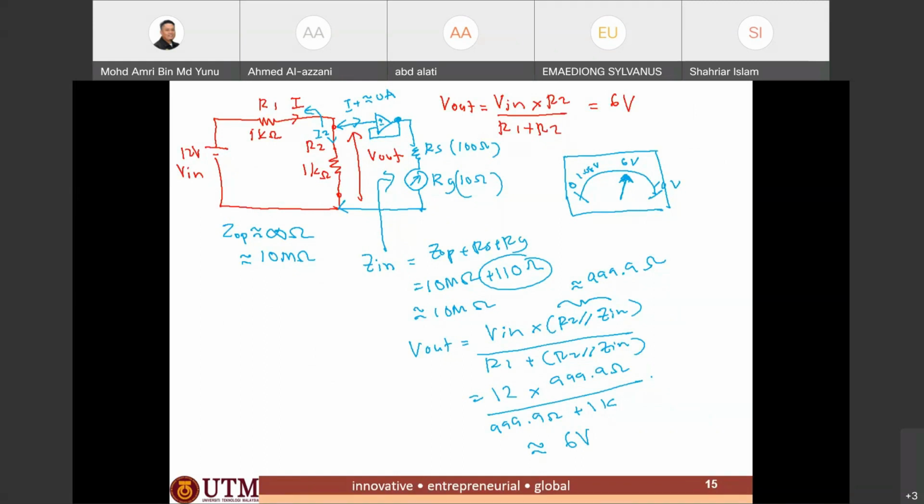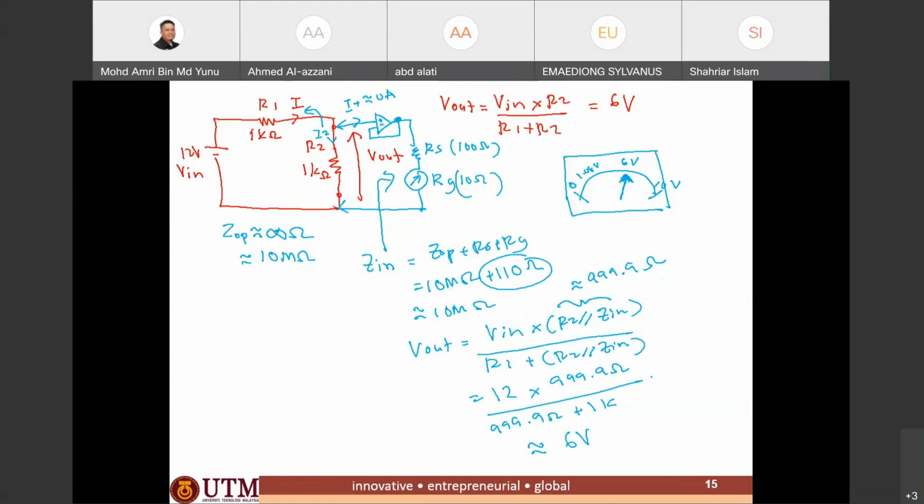Like for example, you put a motor. So how do you retain the output? You put a buffer. But for a motor, usually you have to use a power amplifier. But this is the simplest example that I can give. I hope that you can follow.